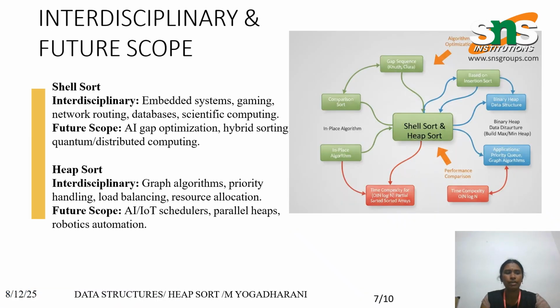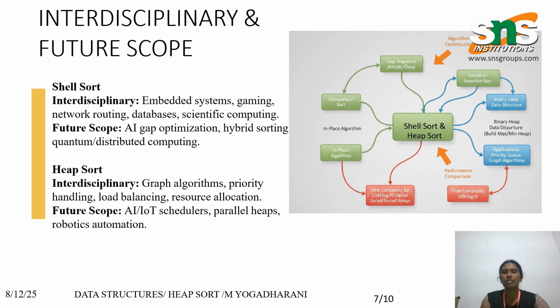Here the advantages of heap and shell sorts are, both are efficient sorting algorithms with the time complexity of big O of n log n in heap, and shell sort is big O of n square, and in place sorting algorithm requires minimal extra memory.